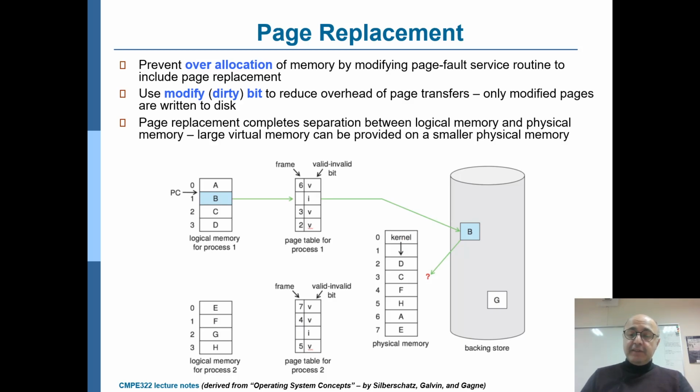But if not, we will find a dirty frame and write that frame into the corresponding page in the backing store. Now that frame has become available, and the page for B in the backing store can be copied in place of that freed frame in memory.